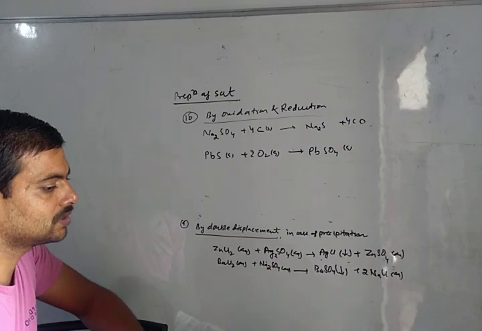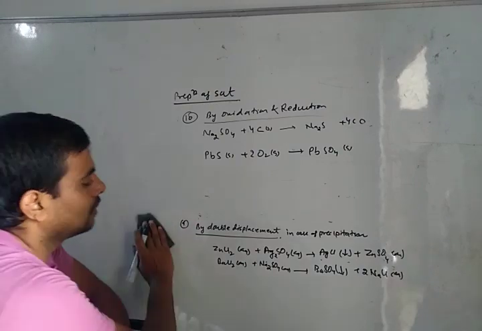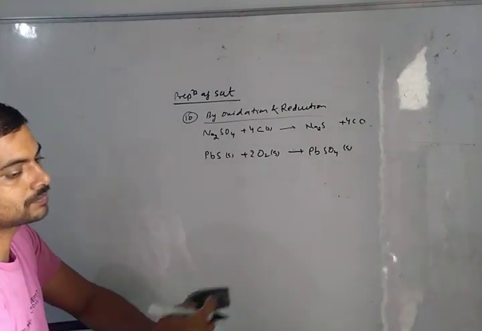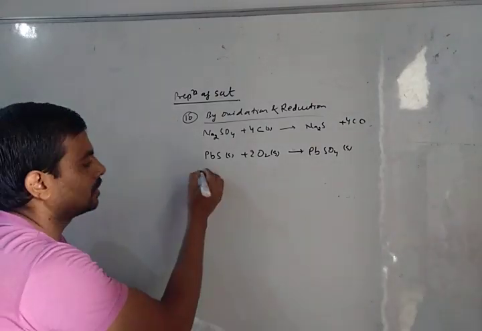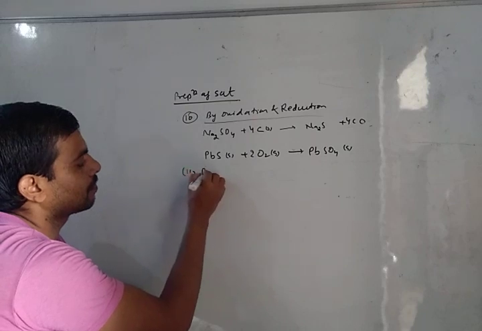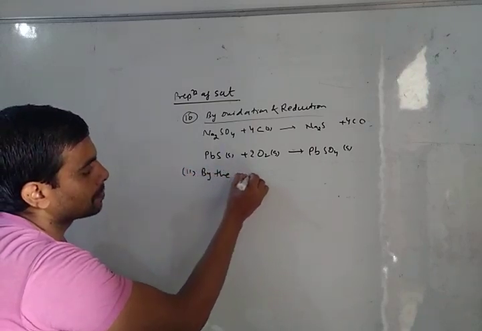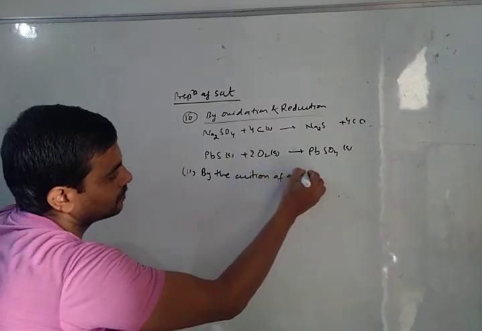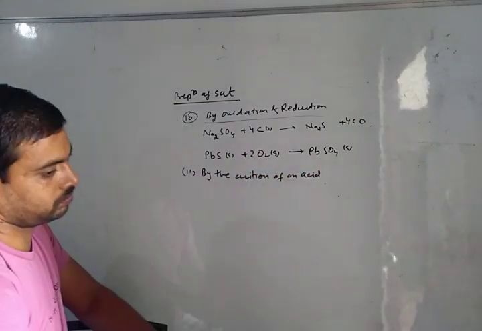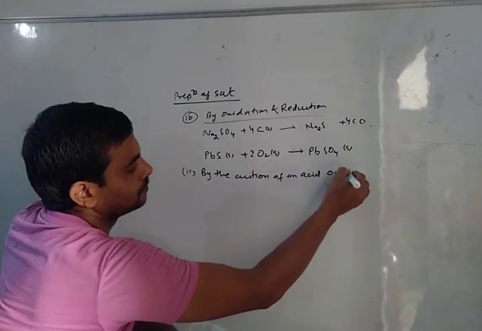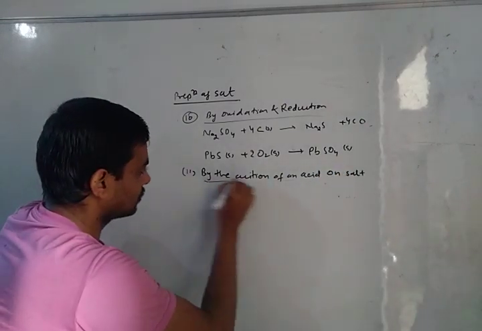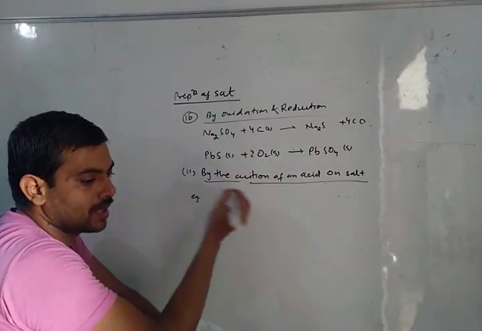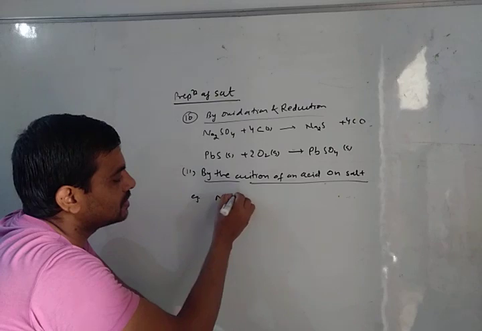Now the next, very final and important topic, is by the action of an acid on salt. This is a neutralization reaction. For example, we have already learned that NaCl is a salt.